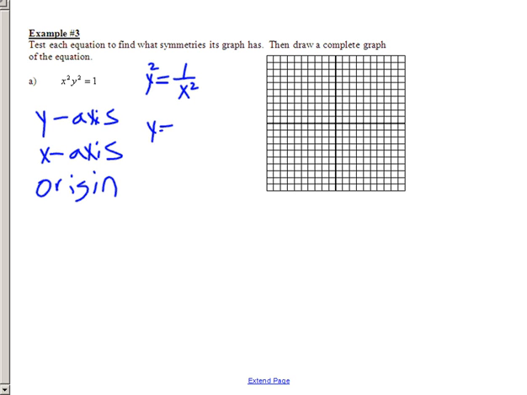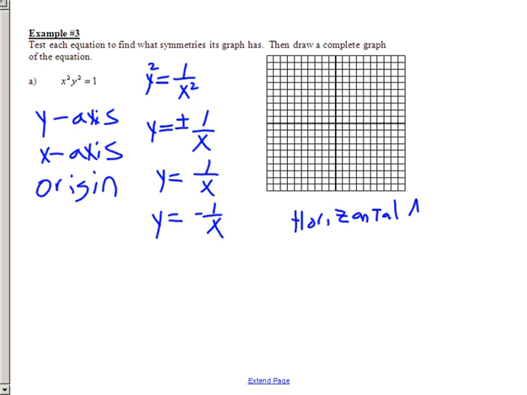And if we take the square root of both sides, we get plus or minus 1 over x, which means we have two different functions we need to consider. Y equals 1 over x and y equals -1 over x. In both cases, we have a horizontal asymptote at y equals 0 because the degree on top is less than the degree on the bottom.